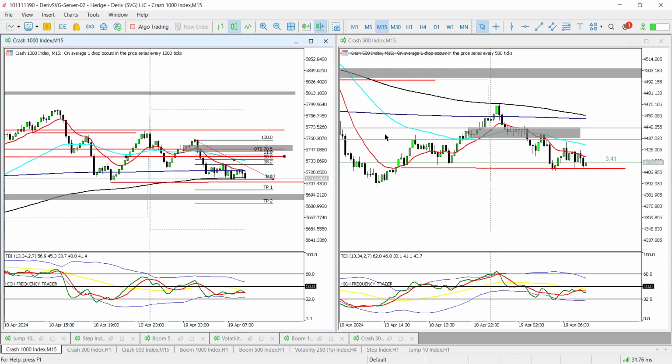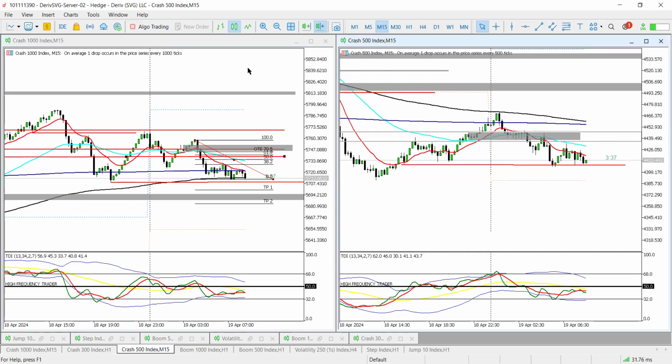We are trading on the sell side of the H1, which gives us a selling bias. So the probabilities of both C1 and C5 playing out are high on both these assets. The only difference is on this side, I've got a dynamic support here, this 200 EMA.